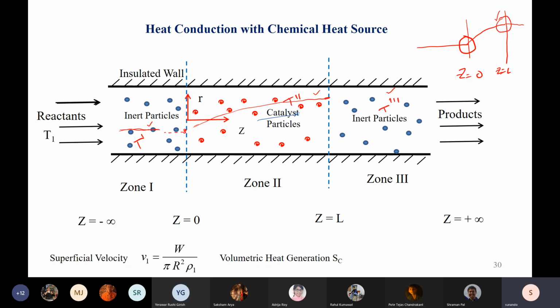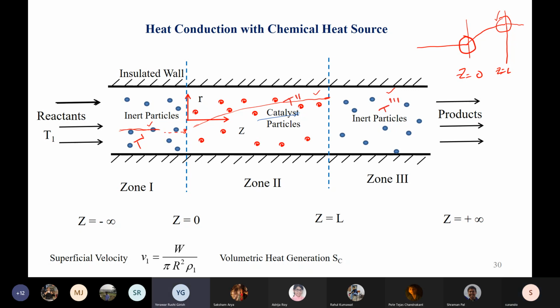So T prime will be equal to T1 over here, and then it will continue all the way up to this point. Then it will start rising in some fashion, the one that we are yet to know. It reaches the second interface, and from that point, it's going to be constant. That is what we have come across so far. Anyone having any other opinion?